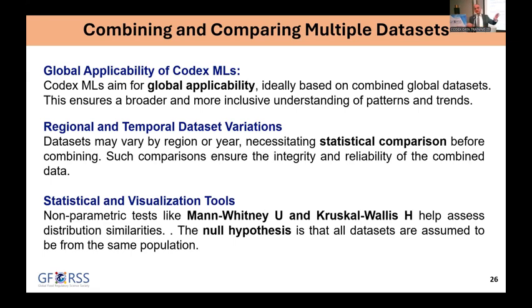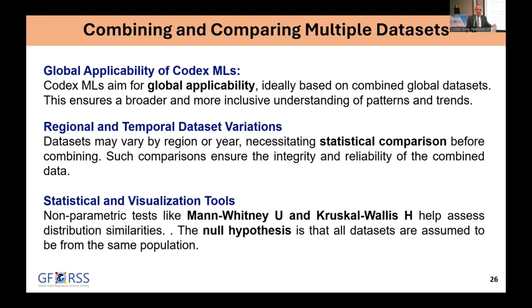It means the data sets are different. And if this value is higher than 0.05, I can accept or retain the null hypothesis, stating that there is no statistical difference between the two data sets, so I can combine.